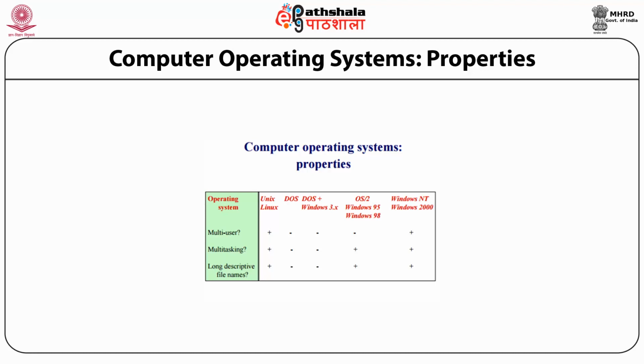Windows NT also supports long descriptive file names. Whereas DOS, Windows 3X, Windows 95, Windows 98 are limited in terms of their properties. Windows 95 and 98 support multitasking but don't support multi-users. They also support long descriptive file names. Whereas DOS and Windows 3X don't support multi-user, multitasking, and long descriptive file names.